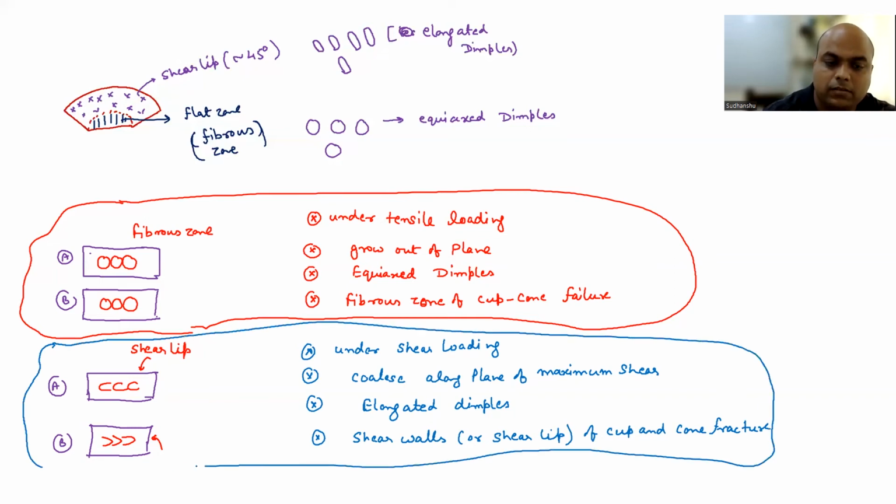Okay. So when you do tensile loading, you're going to see different dimples characteristic if you are in fibrous zone and if you are in shear lip. Okay. And this is what you observe typically when you have commercial alloys or commercial metals.